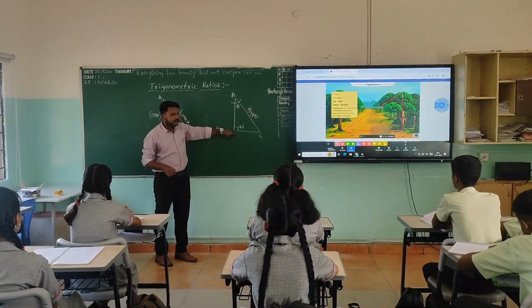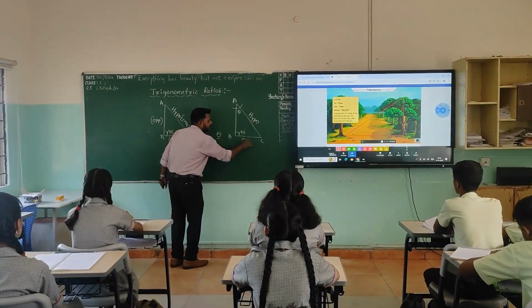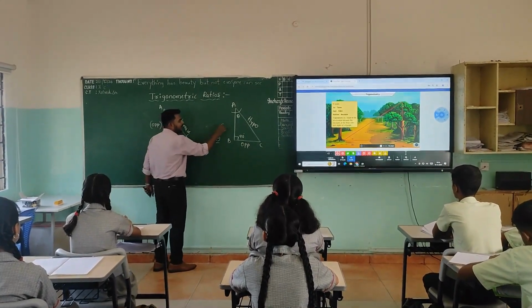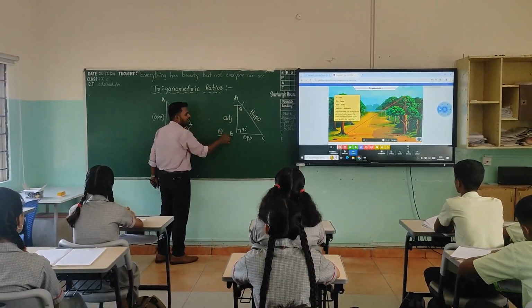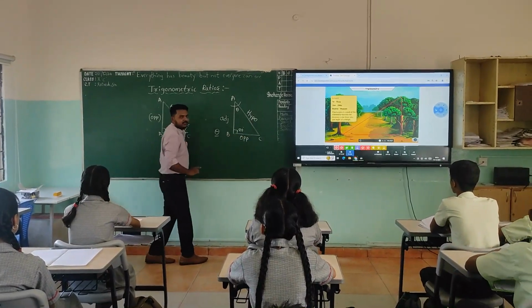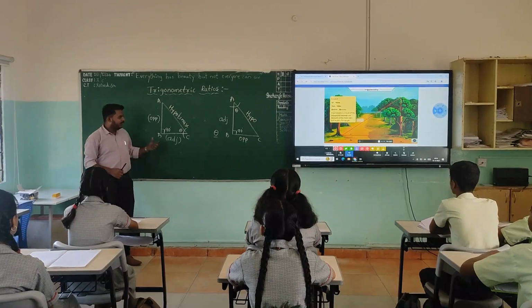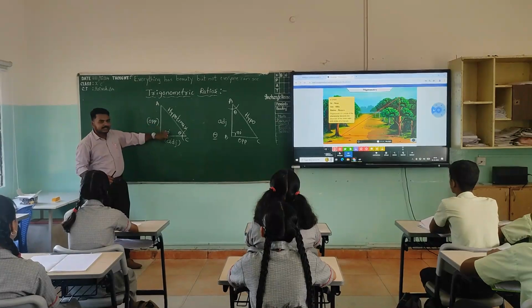Which is the opposite side here? BC. Next, the remaining side is adjacent to theta, so AB is adjacent. So BC is opposite, AC is hypotenuse. Clear? So totally we have three sides: first the hypotenuse, second the opposite, third the adjacent.